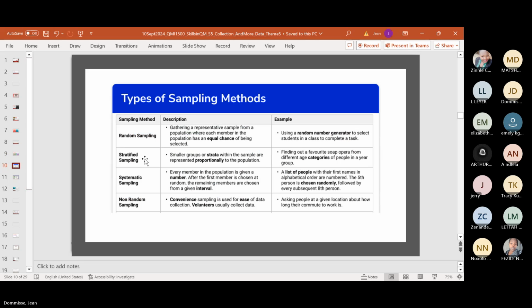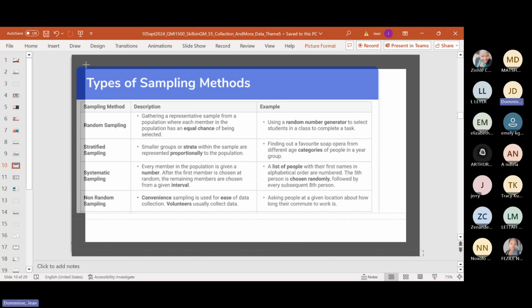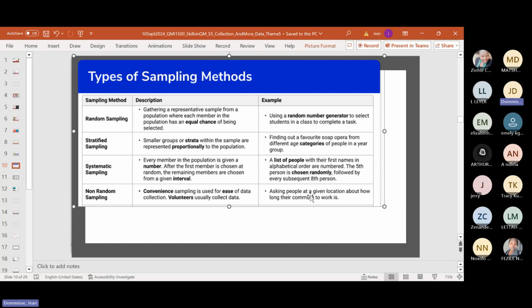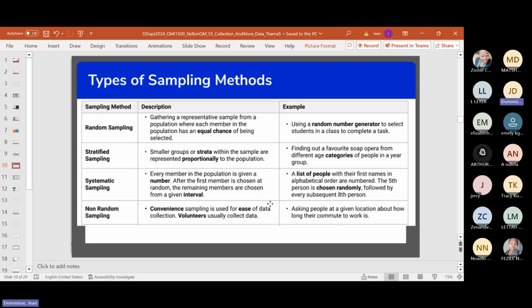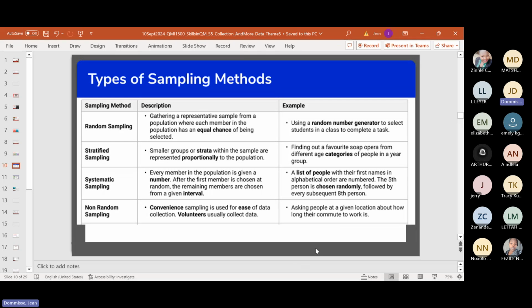So the first thing that is important for you guys when we start looking at descriptive stats is how do we get the data? The way to get data is to gather it, but you will need to use a sampling method.